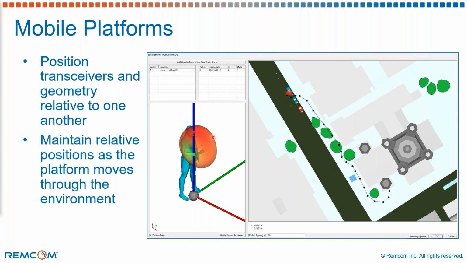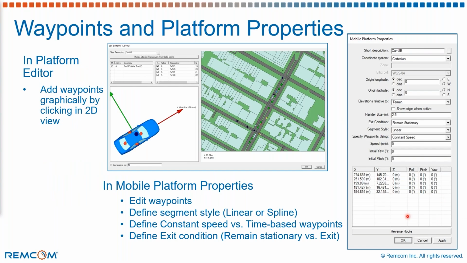And once you have the objects oriented relative to one another on the platform, you then can define their movement through the geometric scene. This is a 2D down view of the geometry, which allows you to graphically define the waypoints, but you can also do that more numerically, which I'm showing you here.